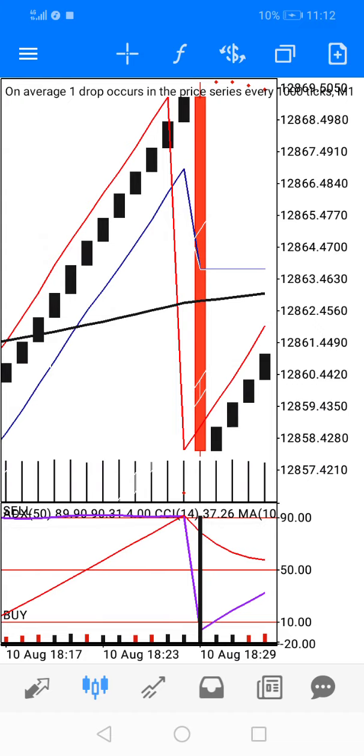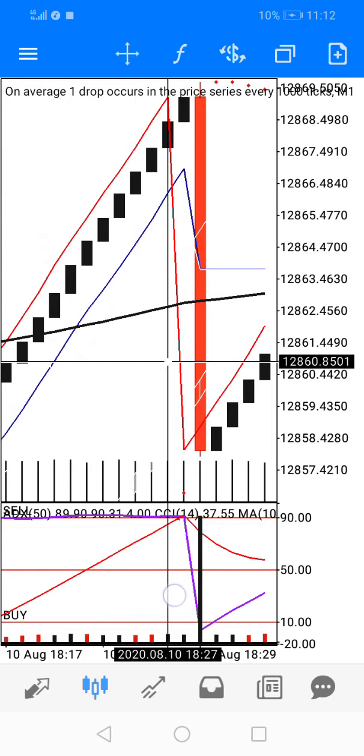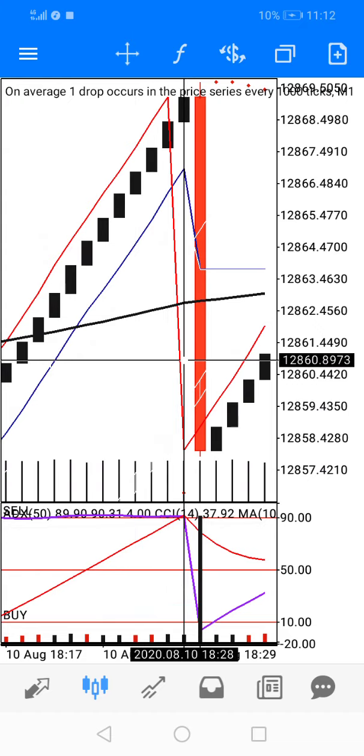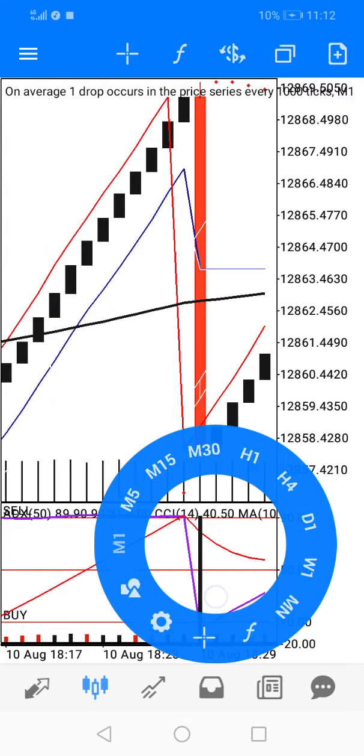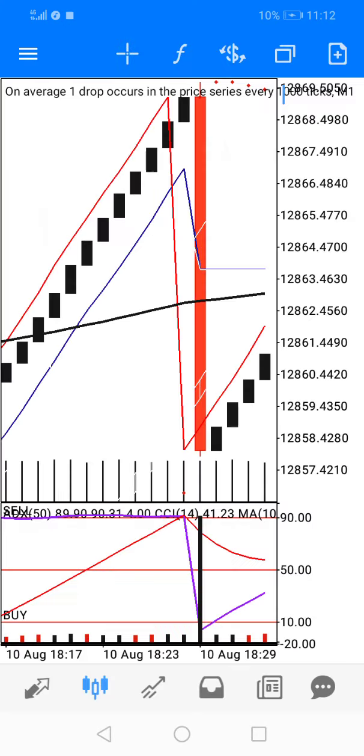Use 100% zoom in. When these lines meet, when they cross, right here, a spike is coming. Actually, it's on they just cross. They just cross here, right?